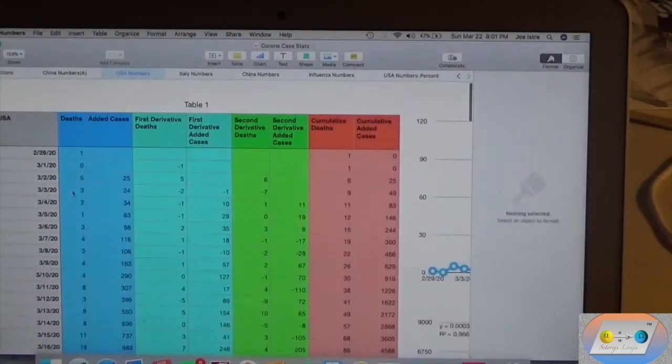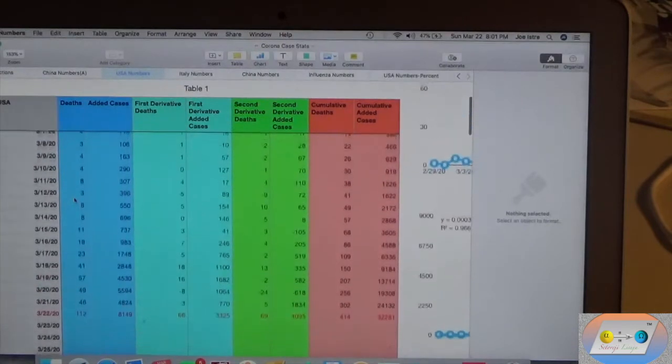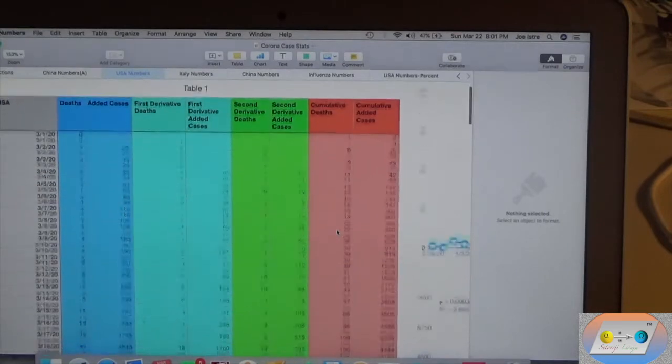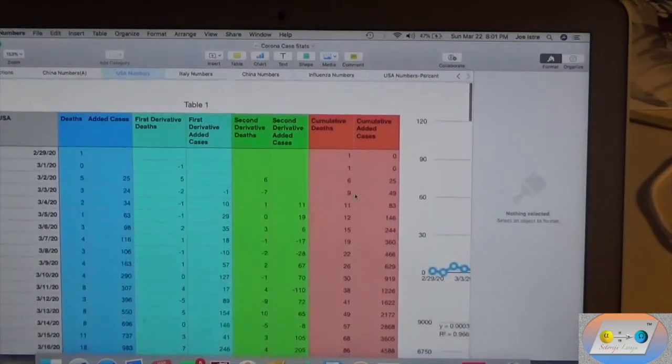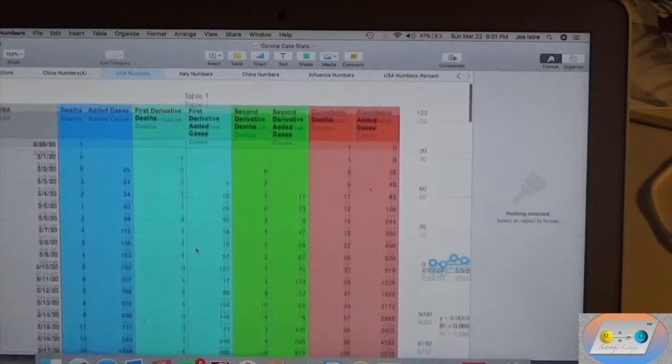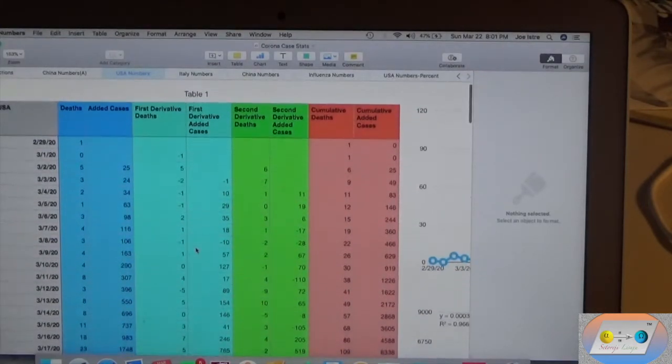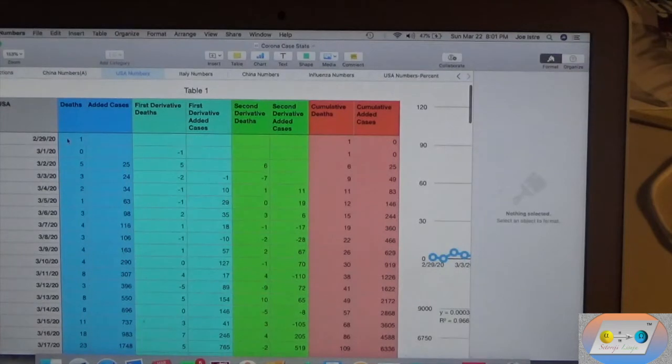In this column I have the deaths reported. In this column I have the added cases. And if you want the cumulative, the deaths on each day is this right here, and the cumulative added cases here. Alright, so what's more important for you mathematicians is the rate of change of deaths and the rate of change of added cases.